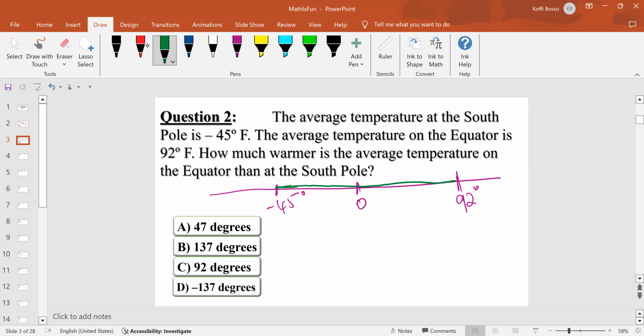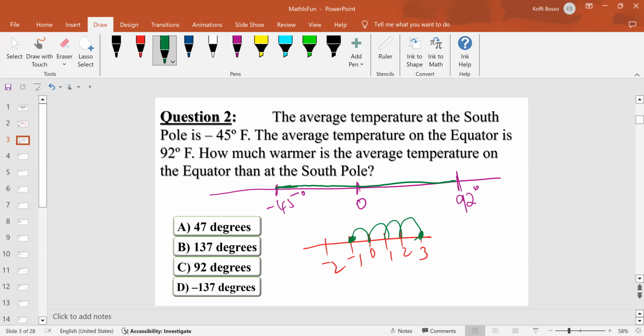So let's give something simple to understand. Suppose I have another number line like this: 1, 2, 3, -1, -2. And they want me to find the number of units between -1 and, for example, 3. So we're gonna count. This is 1, 2, 3, 4.